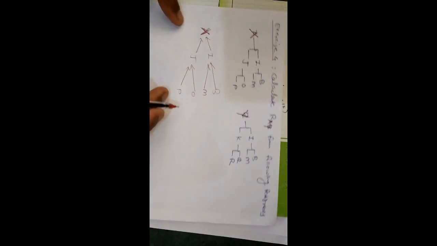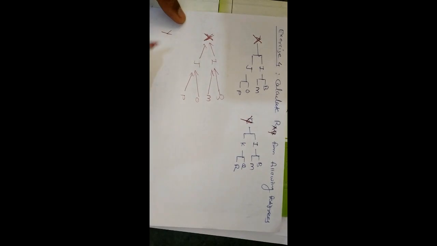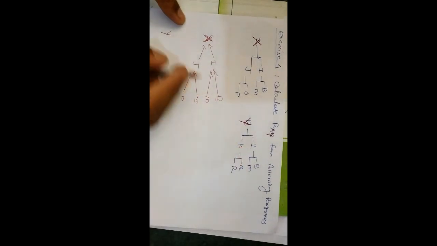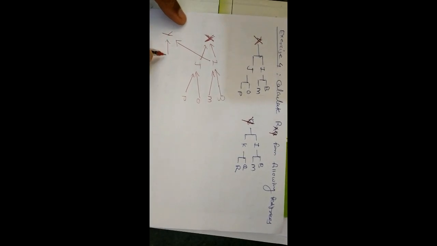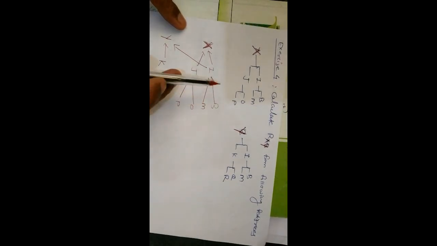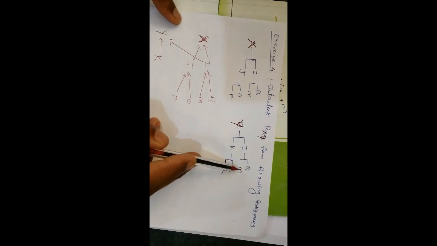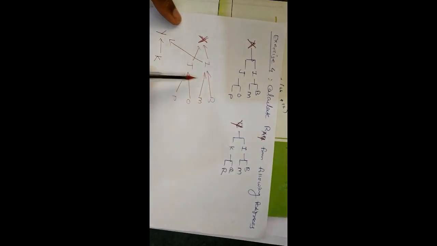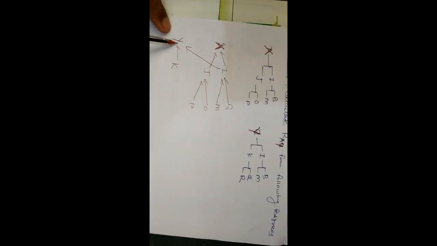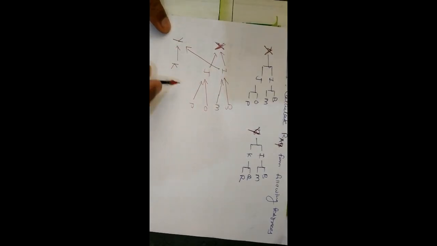So another individual, it is Y. So here it is I, and another is K. Now in the pedigree of I, the parents are B and M, so it is already there, no need to repeat again. So another parent is K, and the parents of K are Q and R. So this is the arrow diagram.